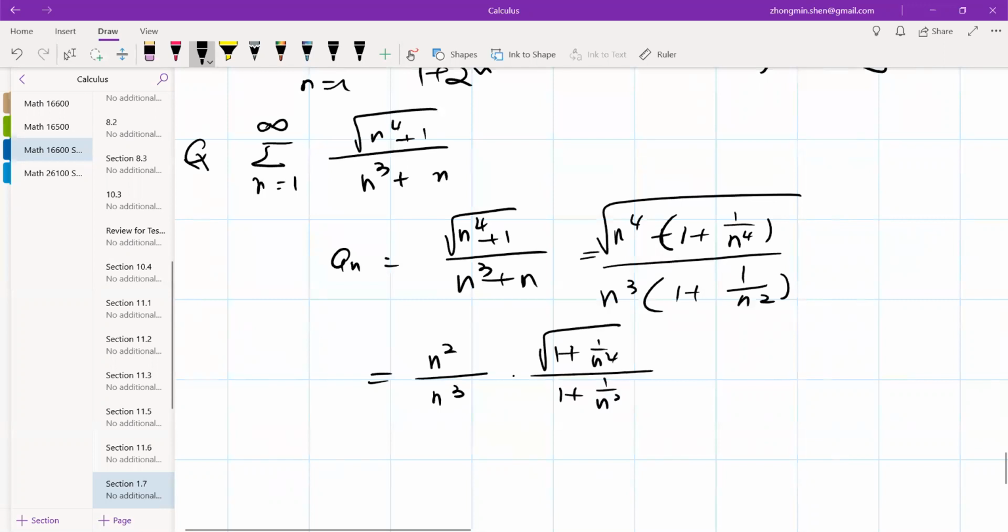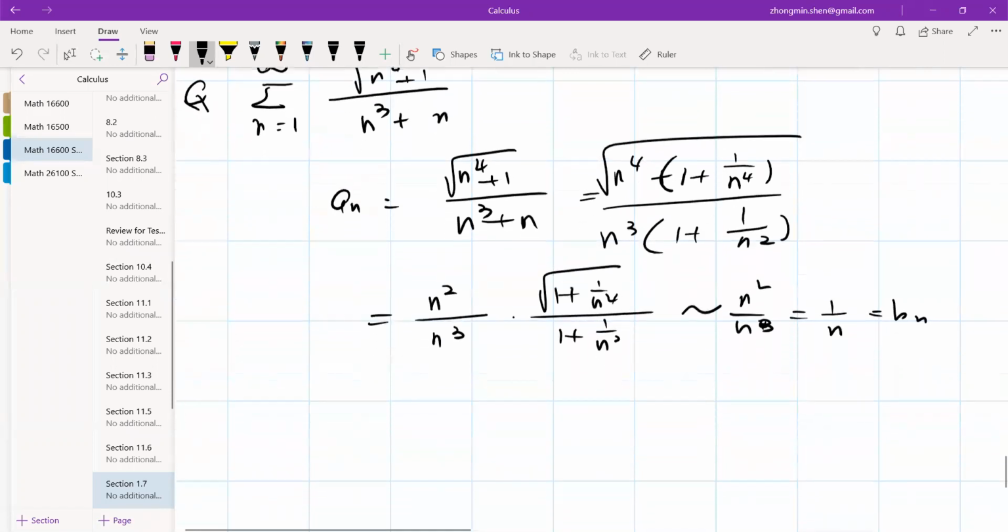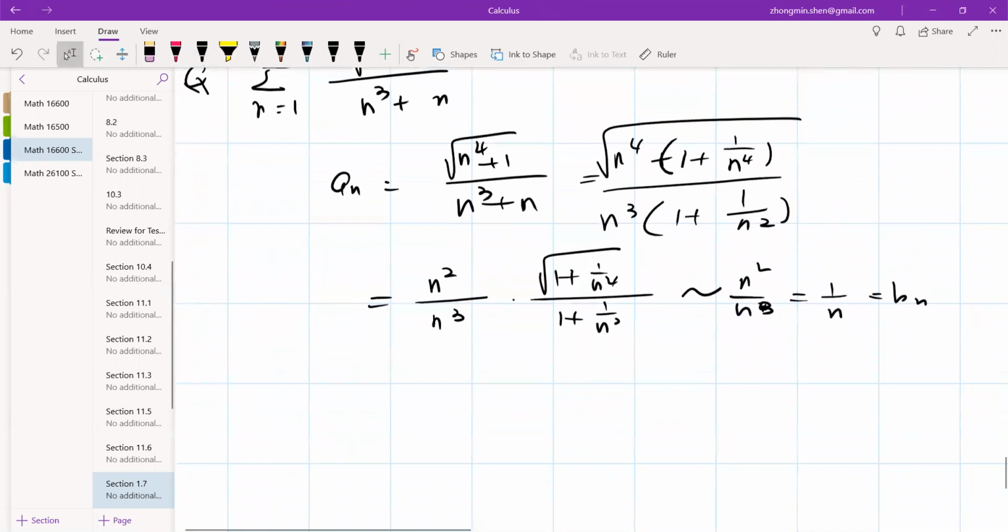All right, so this is almost equal to n squared over n cubed, which is 1 over n. Let's call it Bn. It's easy to check that the limit of An over Bn is going to be 1, always.